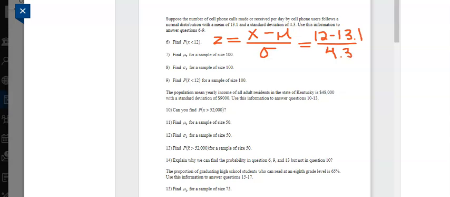This is a single value rather than a sample size as it tells us in number 9. All right, so if I put this into my calculator, 12 minus 13.1 is negative 1.1. And I want to divide that by the 4.3 on the bottom.